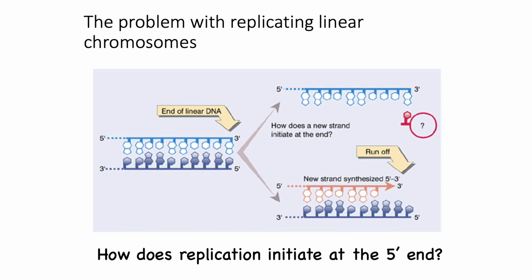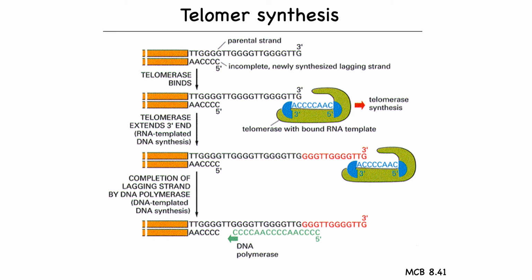Also, we need a primer, and so it has to synthesize a small piece of RNA, and you can get rid of the RNA, but you can't fill in with the polymerase. So there's a special mechanism for synthesizing the ends of eukaryotic chromosomes, and that's putting these telomeres on the end.